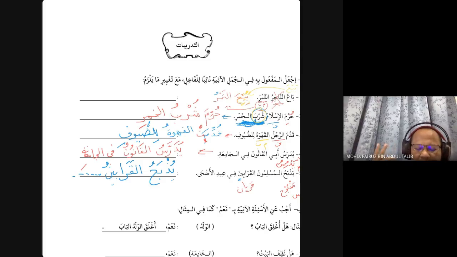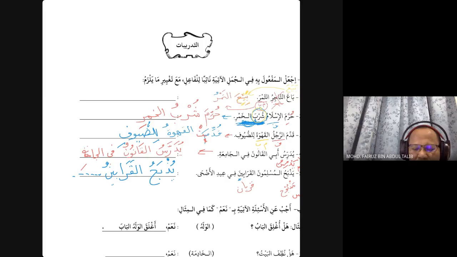And the last part of it is, look at the two. Do they agree in terms of gender? Look at the word qarabin. I have mentioned that this is jama. So when it is a jama word, you have to check whether it is aqil or ghairu aqil, human or non-human. Tuzbahu. Yes.